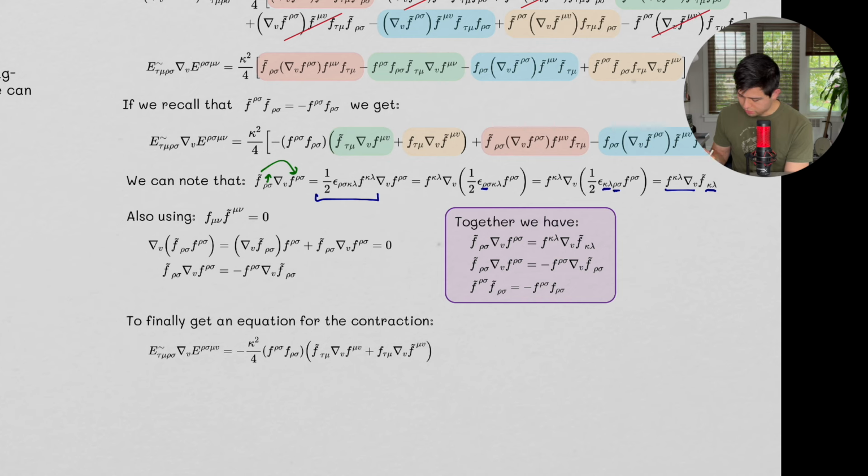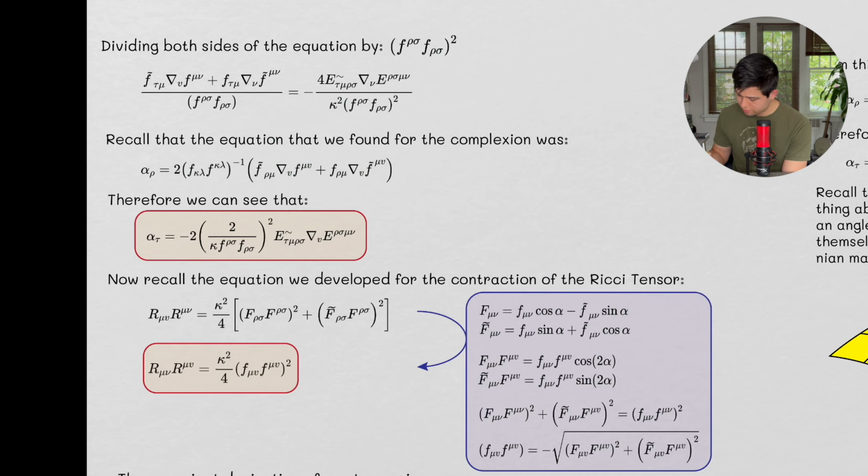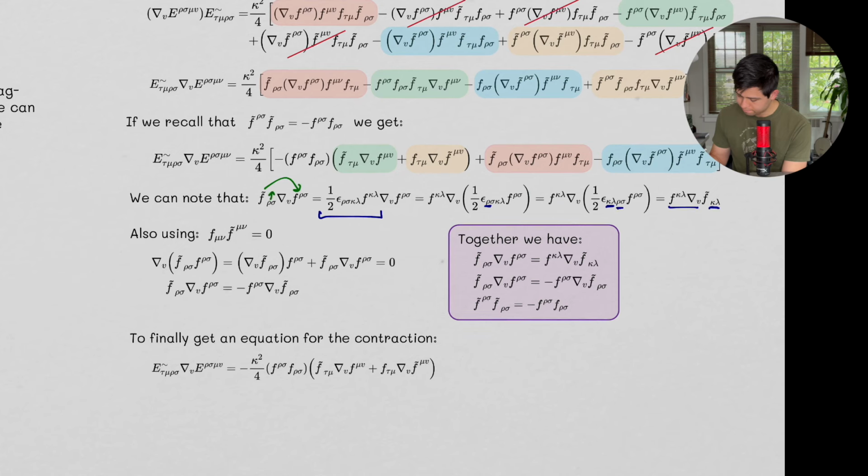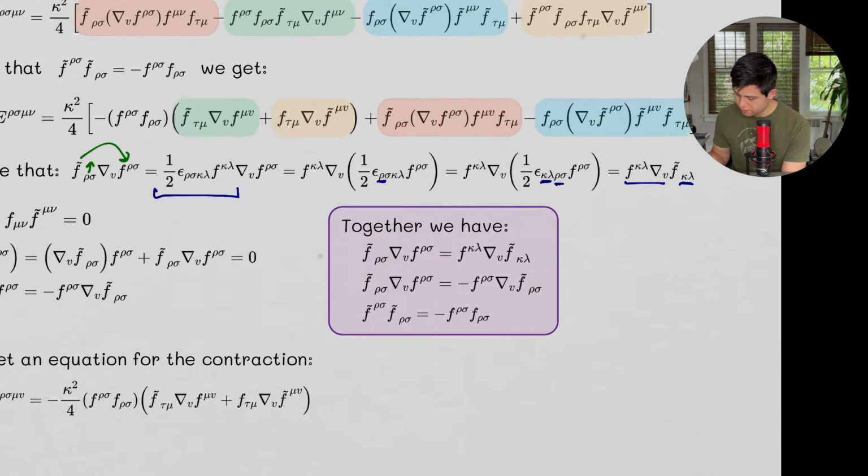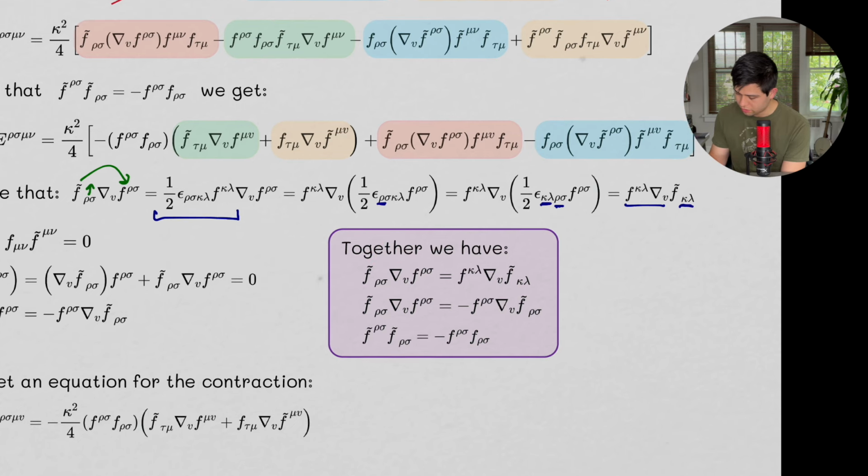Finally get an equation for the contraction. So what ends up happening is that a lot of these are going to go to 0. Right, so we have this term here and this term here. So I should have color coded these, but this is the green term. This is the yellow term. Okay, these two terms are going to go away because of these relationships that we've established here.